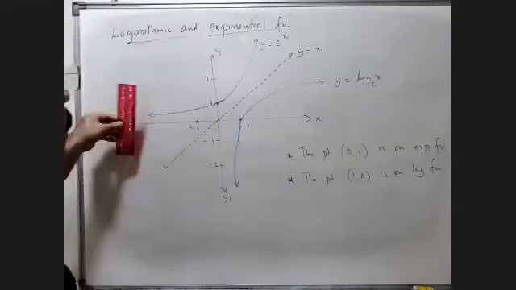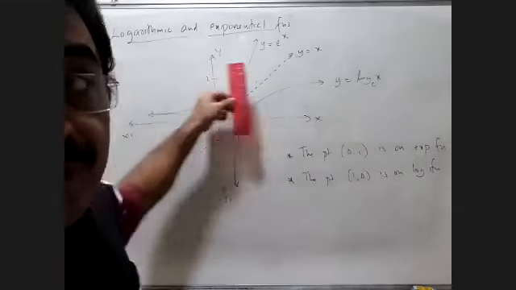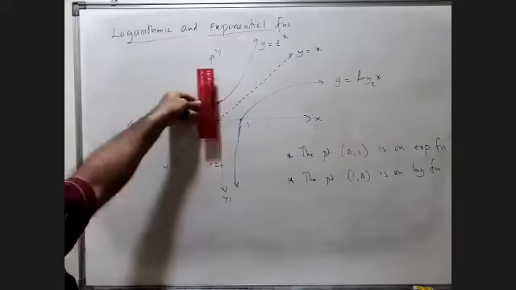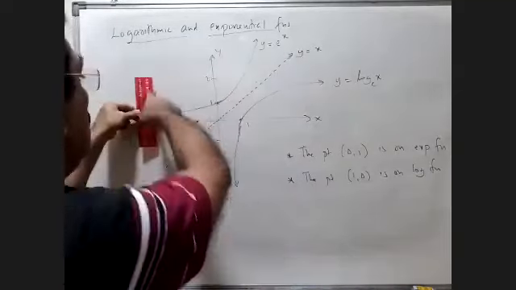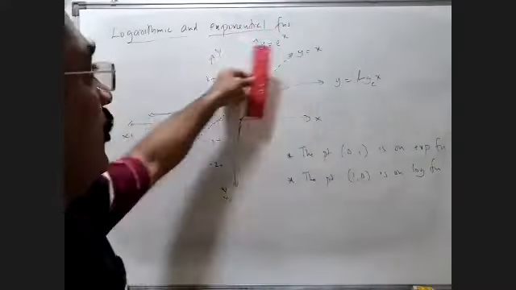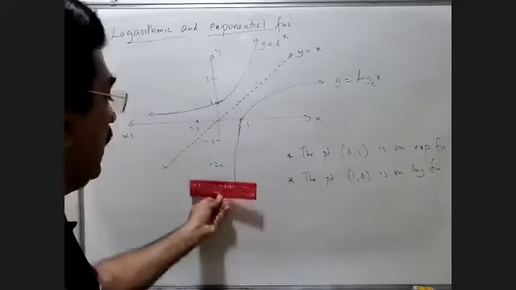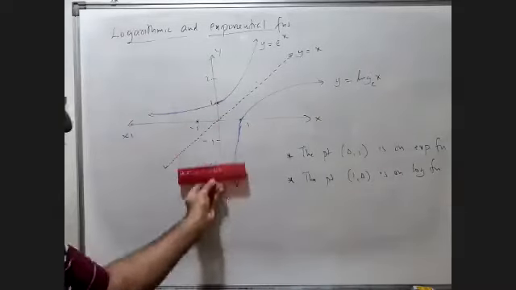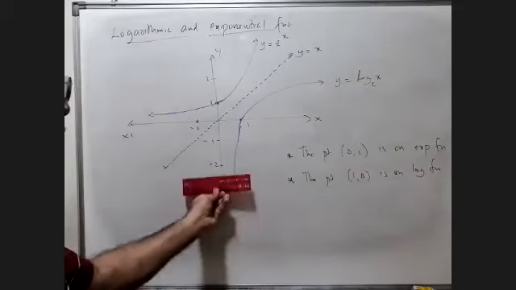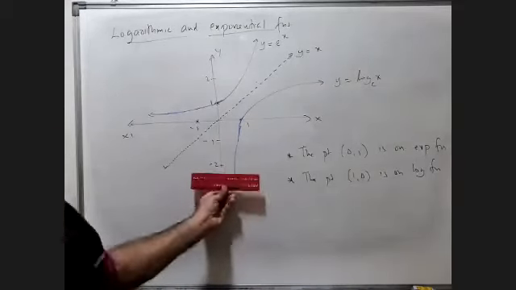If you move this vertical line, that is the value of x, you can see that from minus infinity to infinity, everywhere this vertical line is touching the graph. So the domain is the set of real numbers. Whereas the range is for the horizontal line; the range is the y values. If we shift this horizontal line along the y-axis, you can observe it.